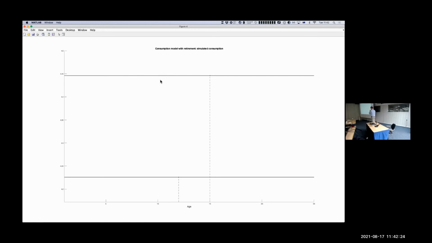And you see that simulated consumption profiles are still flat, even though they retire in the middle of it. And that's no surprise, actually. That's what we should expect, because these people are hyper rational, right? They know everything that's ahead of them. They can solve the problem completely, and we made them like constant consumption.